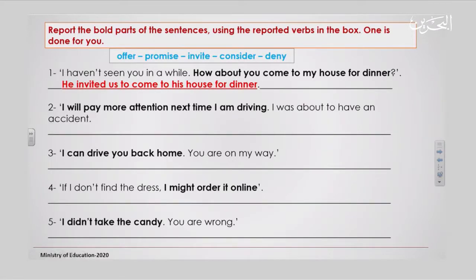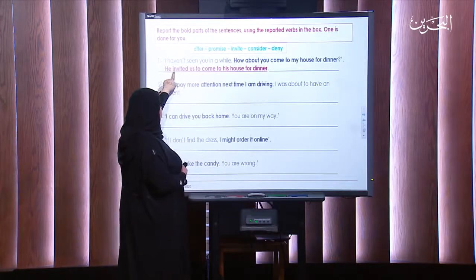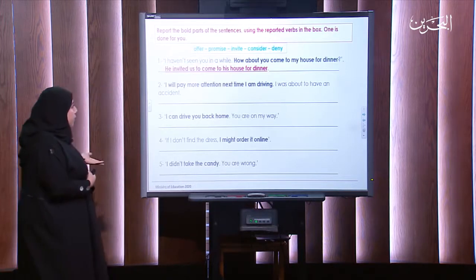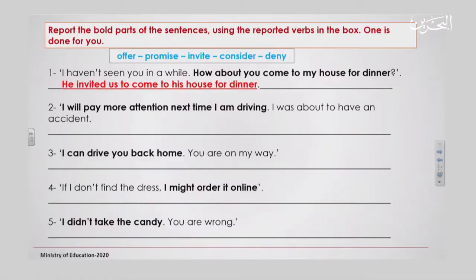How about you come to my house for dinner? So you start with the subject, which is he, plus invited, which is the verb, us, the object, to come to his house for dinner. Okay, I'll give you 2 minutes to solve these questions, and then we'll come back to the answers.